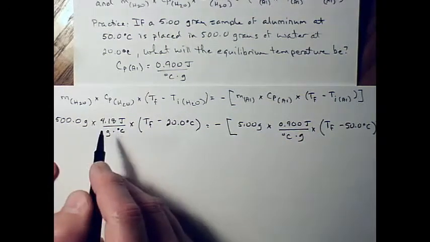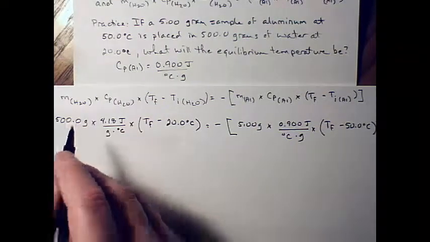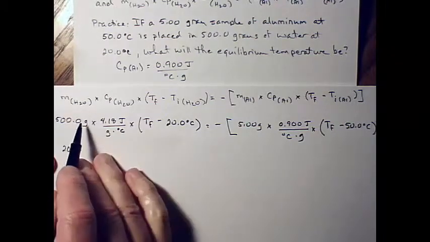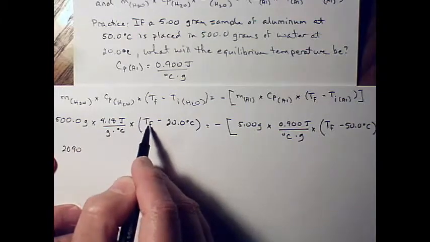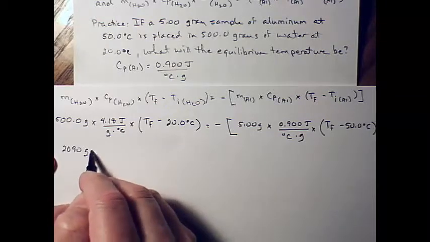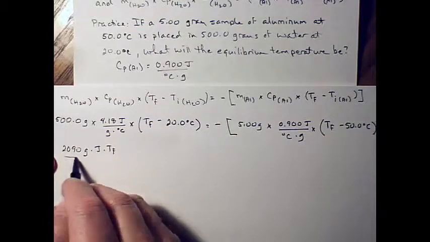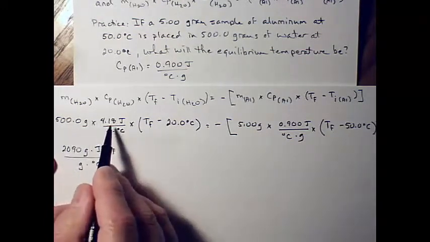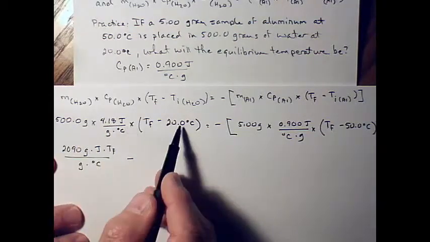Okay, what's 50 times 4.18? 2,090. The units we have here are grams times joules times T sub F over grams times degrees C. I got to keep up with the units. So this is this times this times this. Then I have to subtract this times this times this.